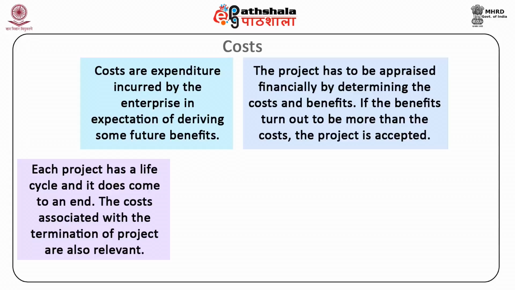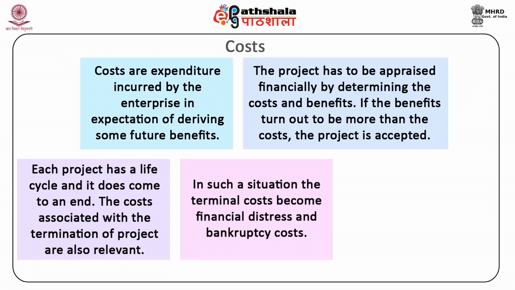Sometimes the projects do not go as per expectations and there might be constant losses. In such a situation, the terminal costs become financial distress and bankruptcy costs. It is comparatively easy to find investment cost as they are to be incurred in the current period of time and there is no uncertainty prevailing.